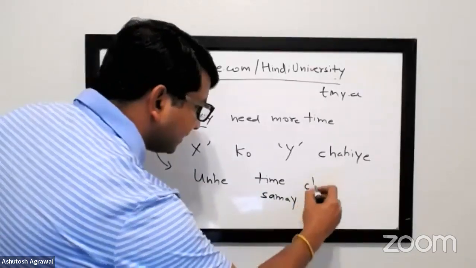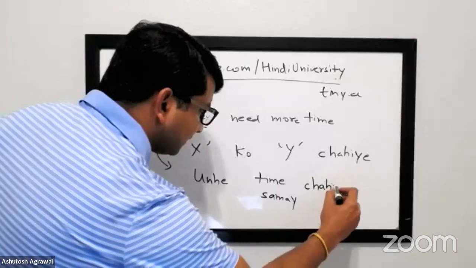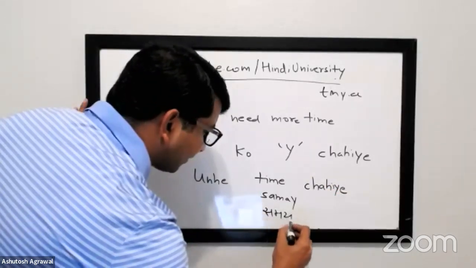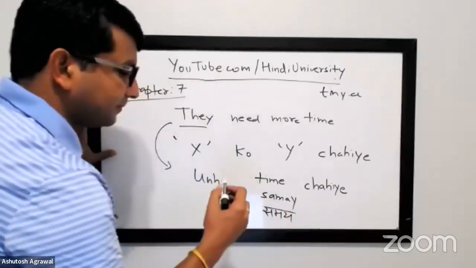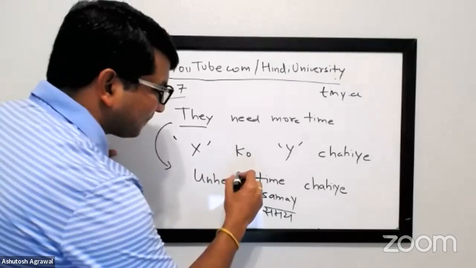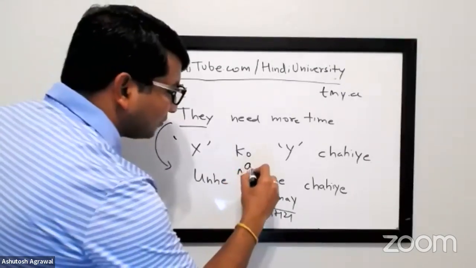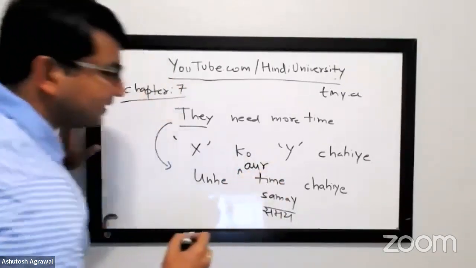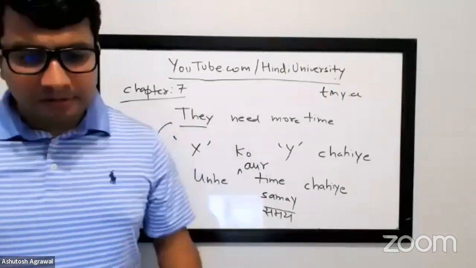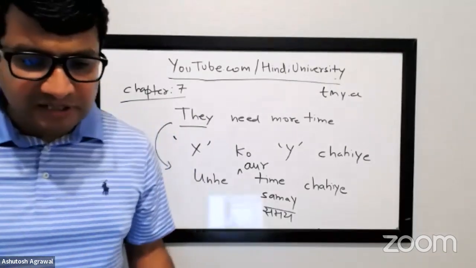Unhe samay, and then? Chahiye. Okay, unhe samay chahiye. Awesome. And what is more time? I don't know. Okay, it's और. उन्हें और समय चाहिए. You can also say उन्हें कुछ और समय चाहिए. A little bit more. They need a little bit more time.